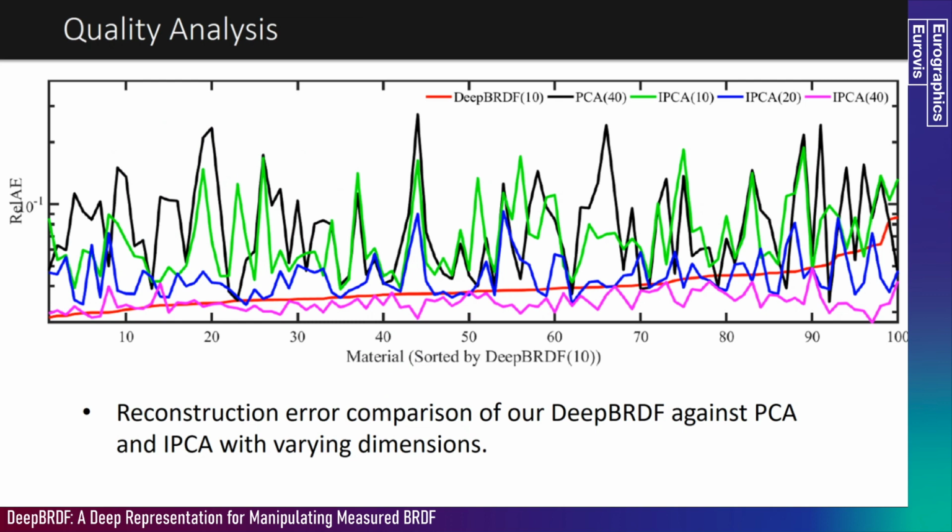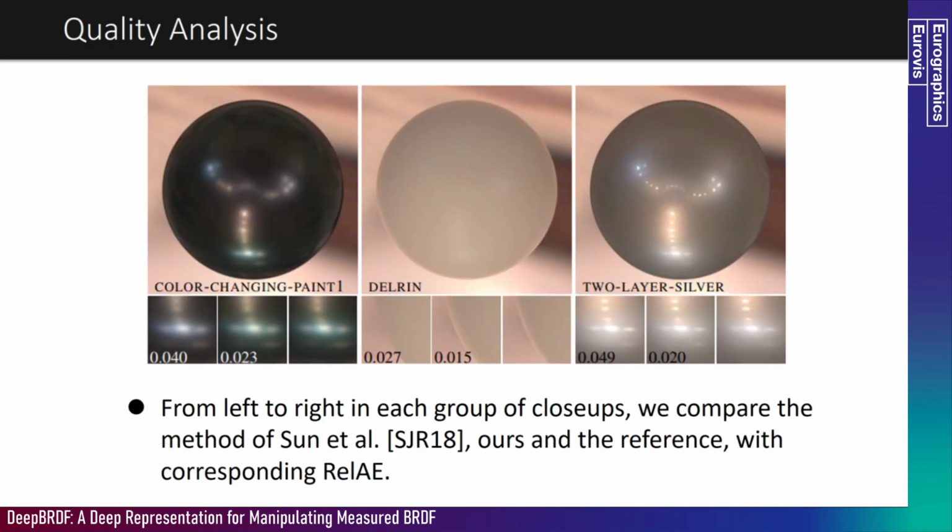This diagram reports all the reconstruction errors of the materials in the mirror dataset as compared with two PCA-based methods. Clearly, our method outperforms IPCA on almost all materials when the dimensionality is equal. We also compare our method with Sun et al.